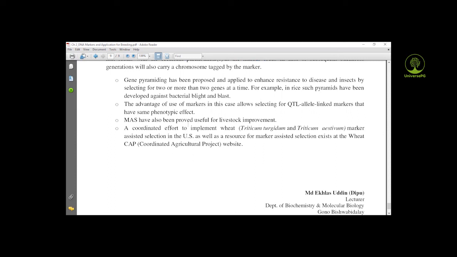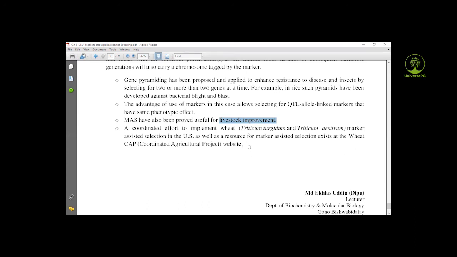Marker aided selection has also proved useful for livestock improvement. A coordinated effort to implement wheat marker assisted selection in the USA, as well as research for marker aided selection, exists at the Wheat CAP website.